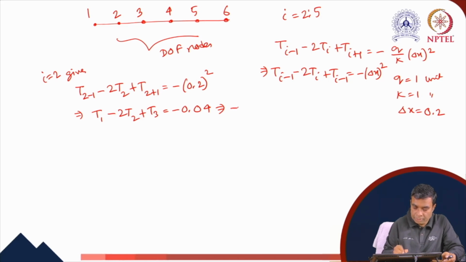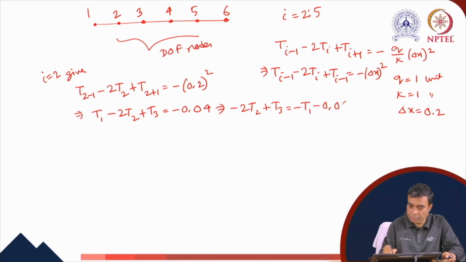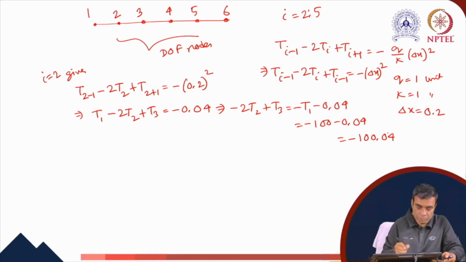This gives minus 2T2 plus T3 equals minus T1 minus 0.04 equals minus 100 minus 0.04 equals minus 100.04. T1 is known from the EBC.